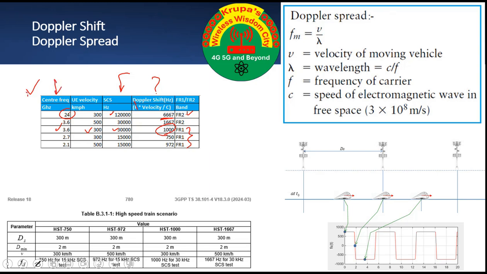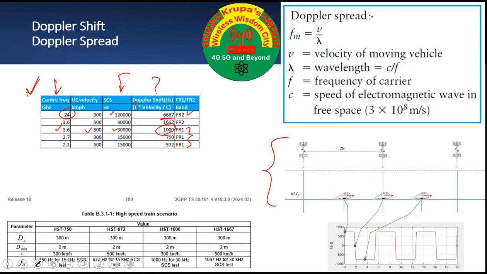You can see that for the given velocity, at 24 gigahertz my Doppler shift is 6.6 kilohertz, whereas for 3.6 gigahertz of transmission, my Doppler shift is 1 kilohertz. This is a very simple equation. You can put it in Excel and find out the numbers.